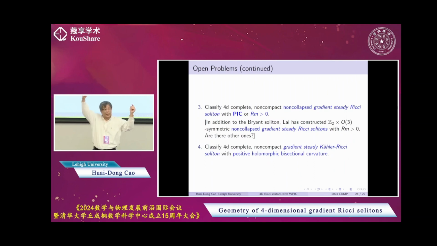Like in the Bryant soliton case, the infinity looks like S2 cross R, so you have full symmetry at infinity. You want to make sure that the inside has this too. In the non-collapsed case that's technical, but in the collapsed case it's even more technical. So essentially you also have to prove how the asymptotic S1 symmetry can carry inside. That's a subtle one. Yes, it took 100 pages.